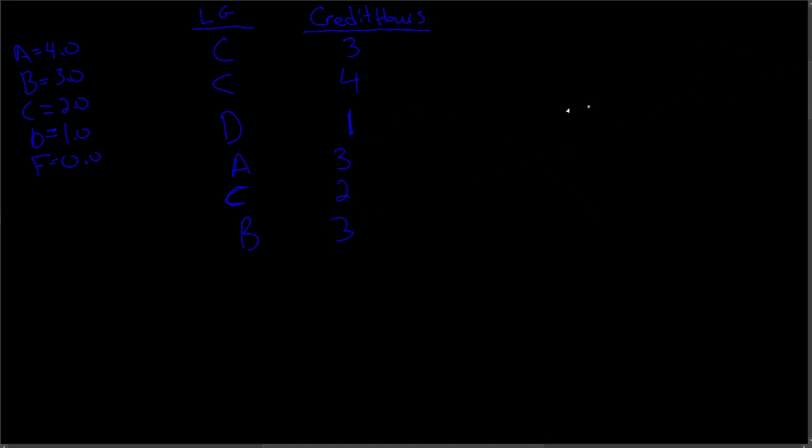So let's set this into columns of information. We'll turn the letter grade into points, and we'll let the credit hours be the weight. So the formula for the overall grade, or the mean grade, is the sum of all the x's times the weight that goes with each x, divided by the total weights.